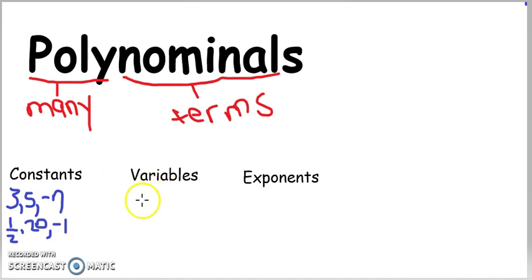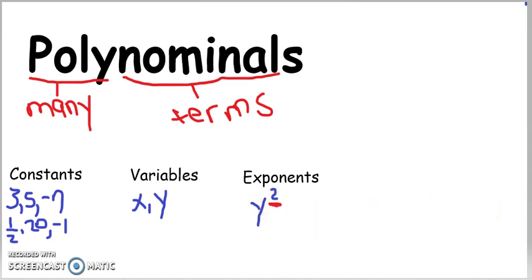A variable, again, we said it's a letter, and the most common variables that we're going to be using during this lesson are x and y. And exponents. An example of an exponent is if we have y to the second power. If you look at that exponent, the number 2 here is the exponent.